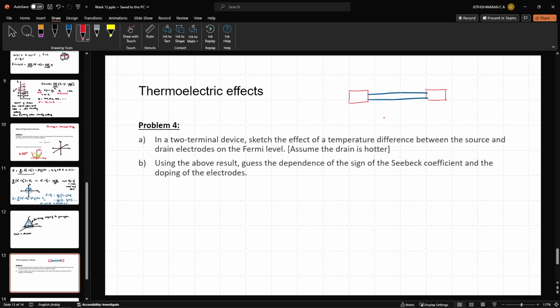So we have source, drain. Both are considered to be macroscopic. Right now we are not worried, or rather we can even consider a two-terminal nanoscale device. So yeah, this is a short channel.